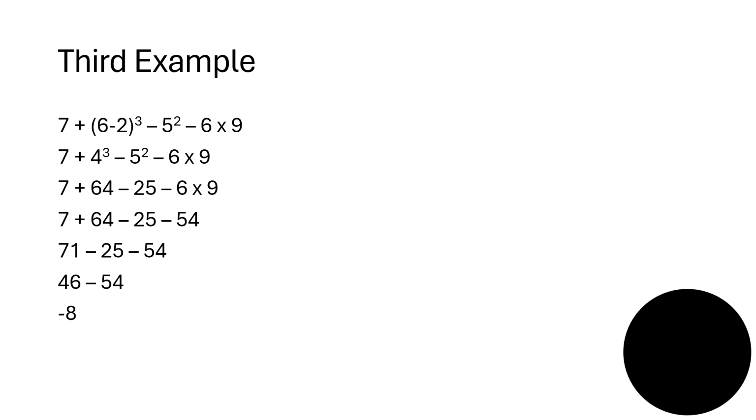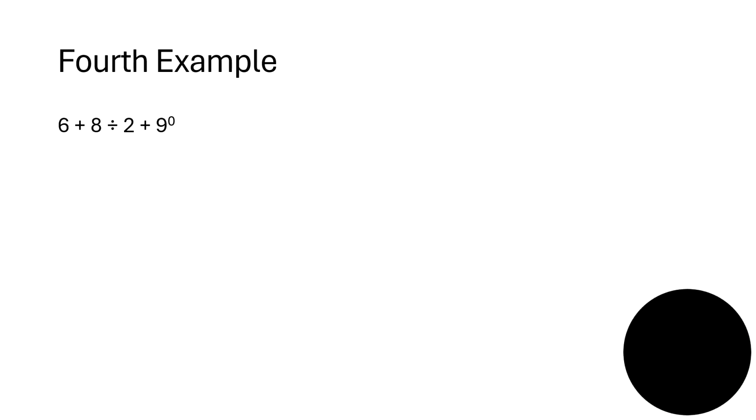Our fourth example is 6 plus 8 divided by 2 plus 9 to the 0 power. So our first precedence, we don't have any parentheses or brackets, so we move on to the second precedence, which is the exponent.